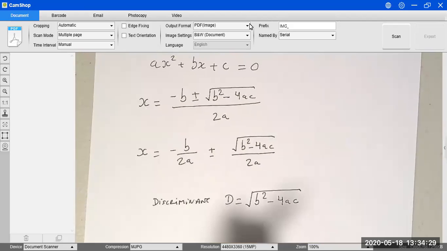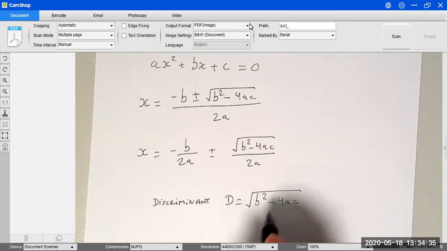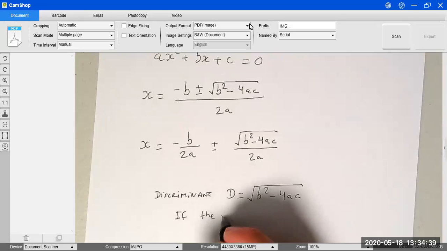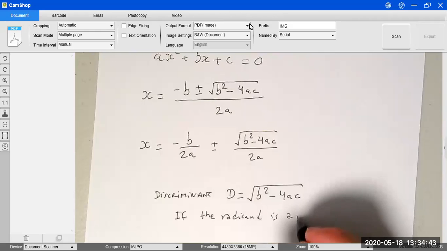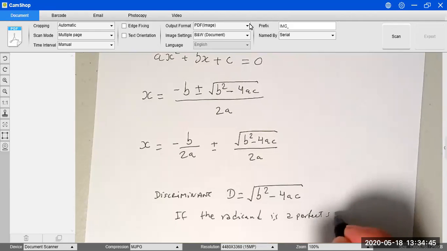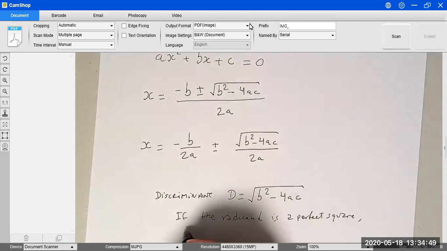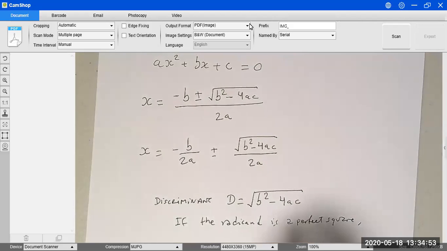Usually if you compute this first for any quadratic equation and you find that the radical is a perfect square, that's an indication that the quadratic equation can be factored over the integers.